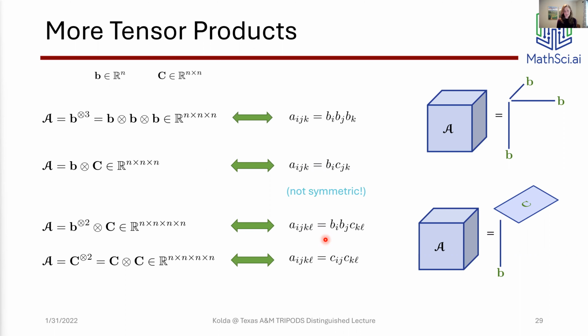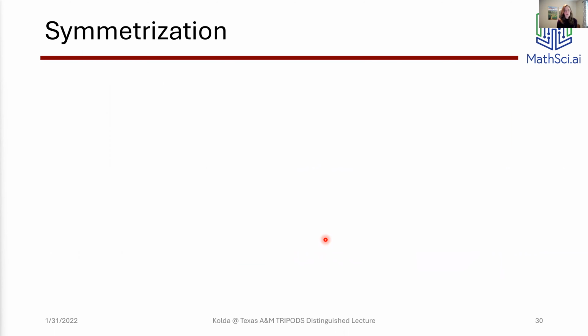Now, I said that it's not symmetric, so how can we symmetrize a tensor? If you had a matrix and you wanted to make it symmetric, you could just take the average of A and A transpose: the symmetrized version of the matrix is just 1/2 (A plus A transpose). You can do something similar with tensors.